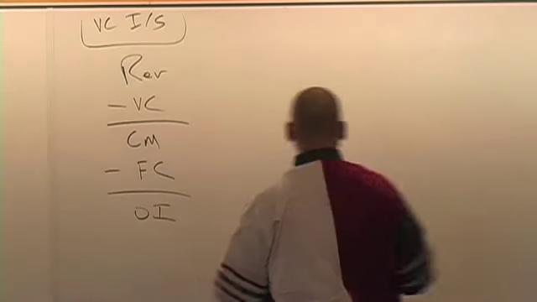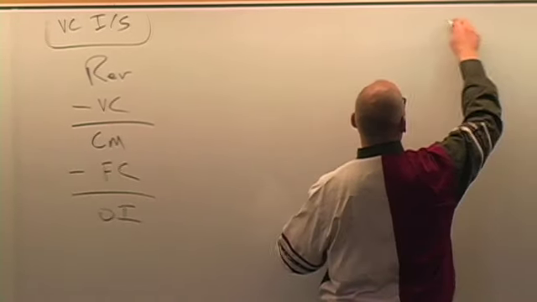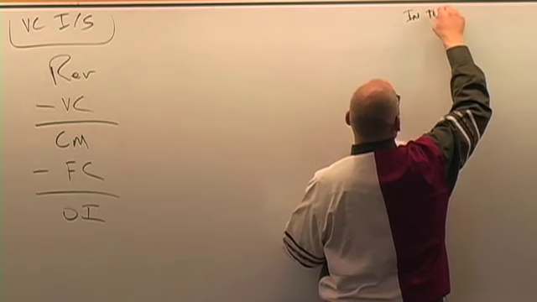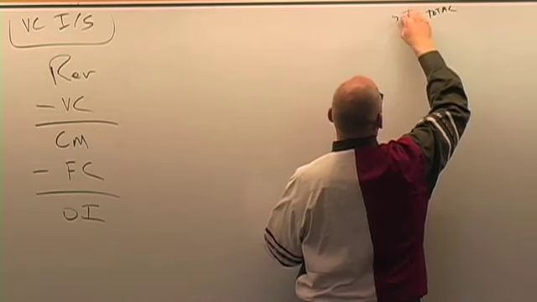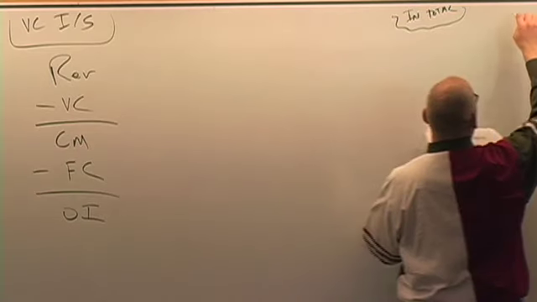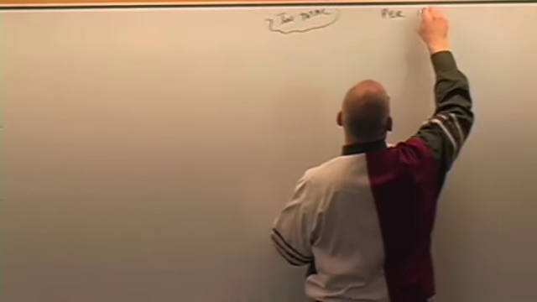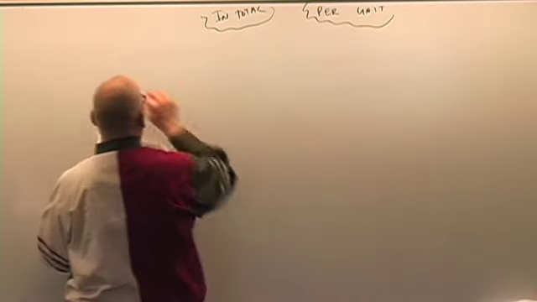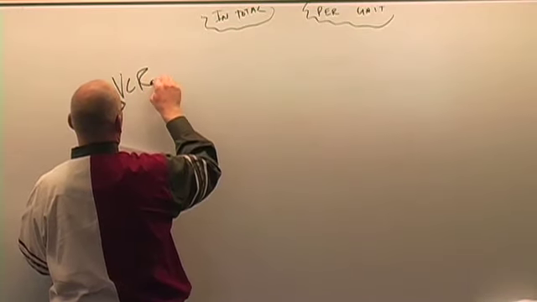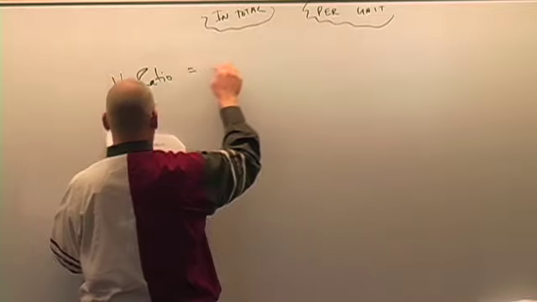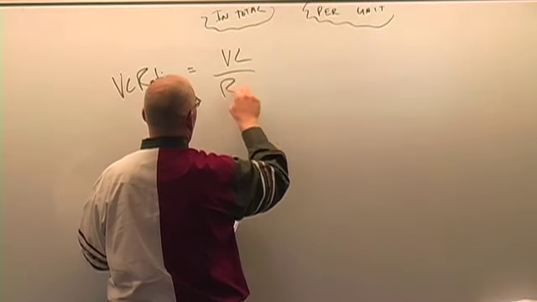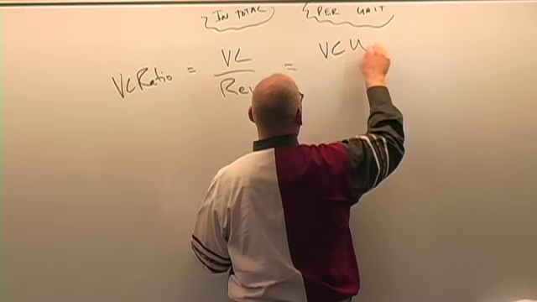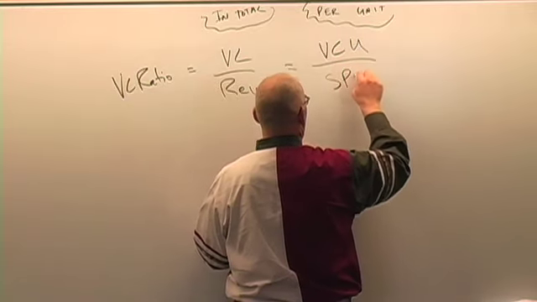There we are. Awesome. Now, I want to give you a couple of ratios, and we're going to do two versions: in total and per unit. Okay? We're going to do the variable cost ratio, and that equals variable costs over revenue, which equals variable cost per unit over selling price per unit.